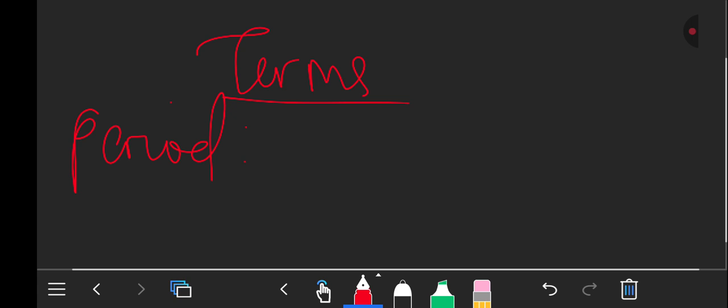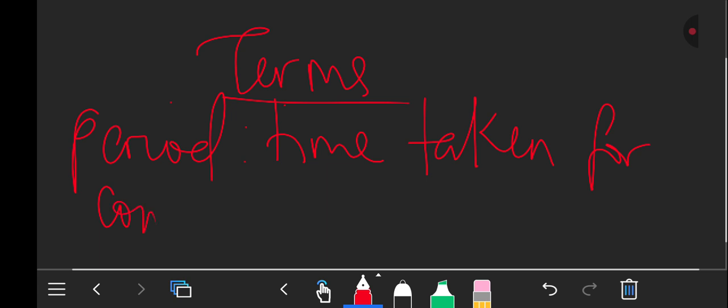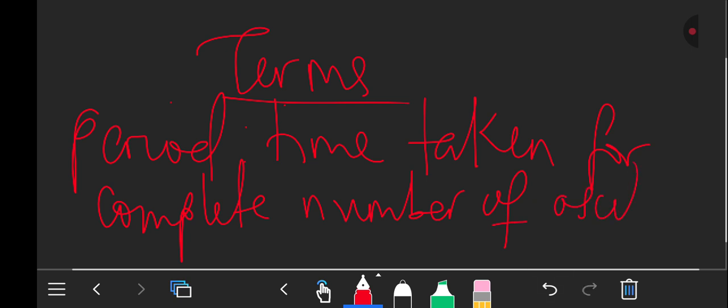Period is just the time taken for a complete number of oscillations. So that is what period is.